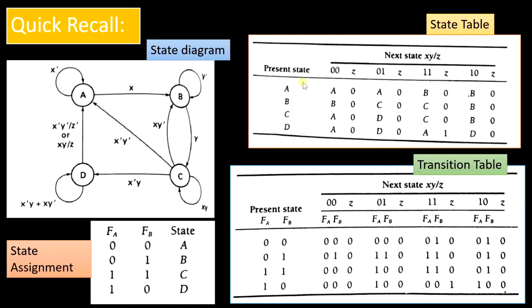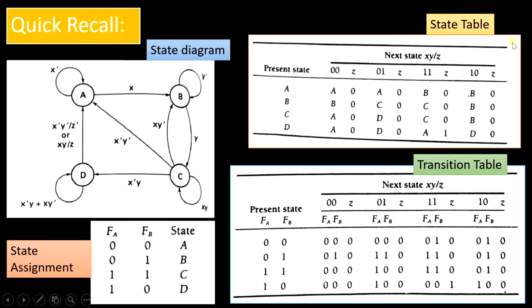We have a series of next state columns, one for each input combination. Meaning, if you are considering 2 inputs, X and Y, then we will have 4 different combinations of the inputs: 0 0, 0 1, 1 1 and 1 0. In that way, looking at the state diagram, we can obtain the state table.